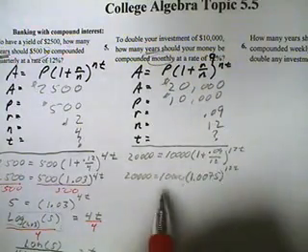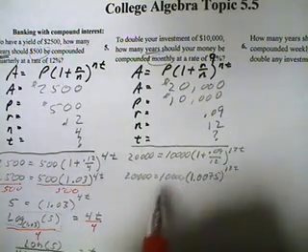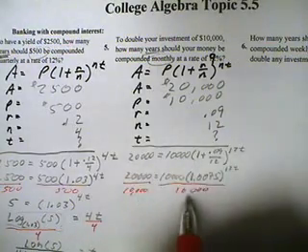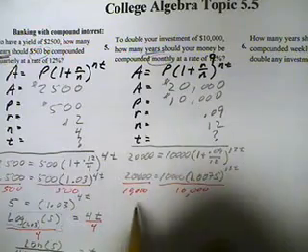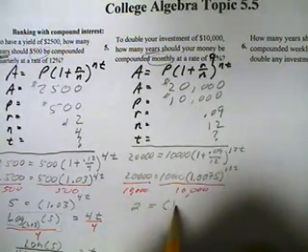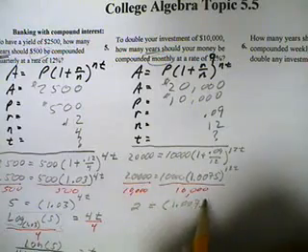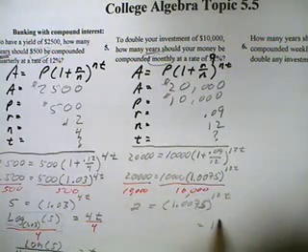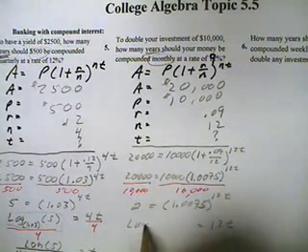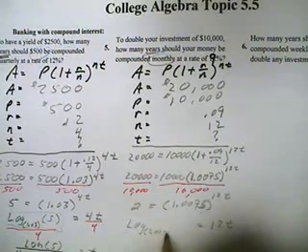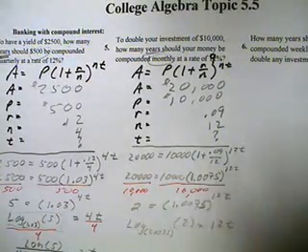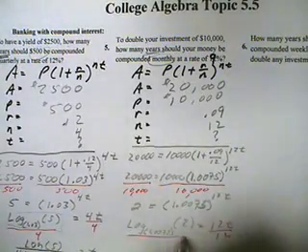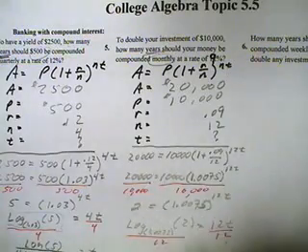Now I'll get rid of the 10,000, the base, and then the 12. We'll divide both sides by 10,000. That gives us 2 equals the base of 1.0075 raised to the 12t power. Then we'll get rid of the base by setting 12t equal to log base 1.0075 of 2. Then we'll divide everything by 12, and that'll give us t.